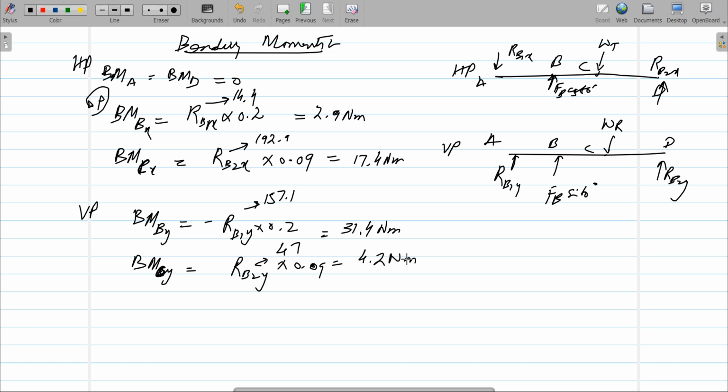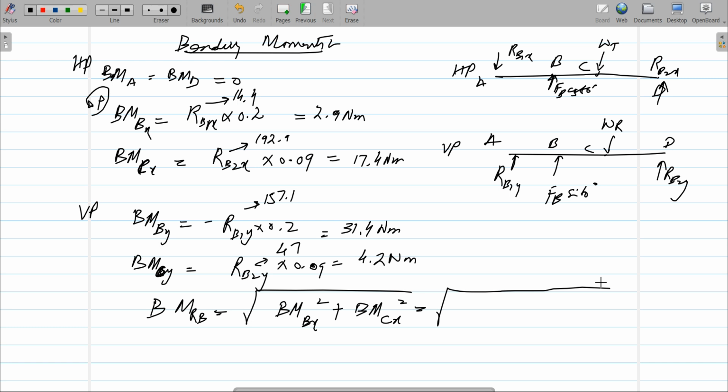Now we know the bending moment at each point. Now we have to find the resultant bending moments at points B and C. The resultant bending moment at point B equals the square root of bending moment at B in x squared plus bending moment in y squared: 2.9 squared and 31.4 squared.